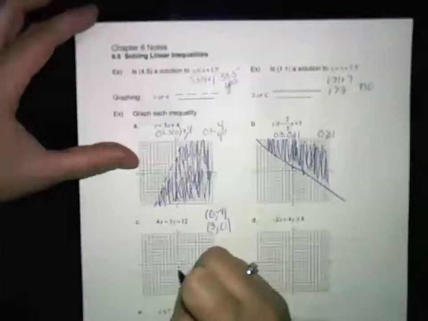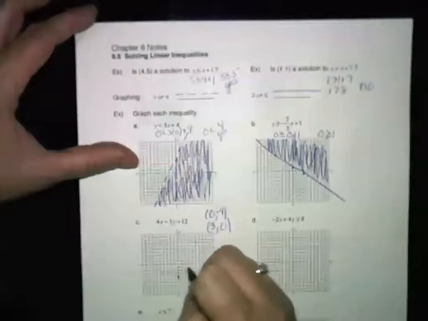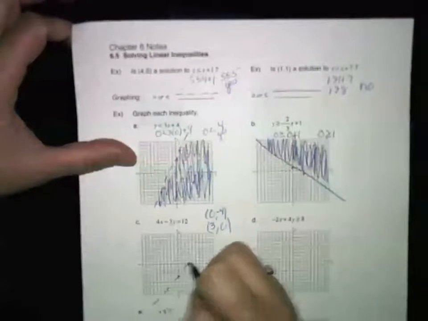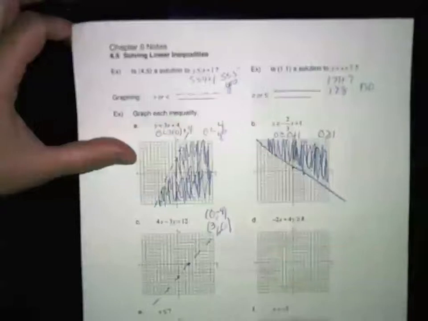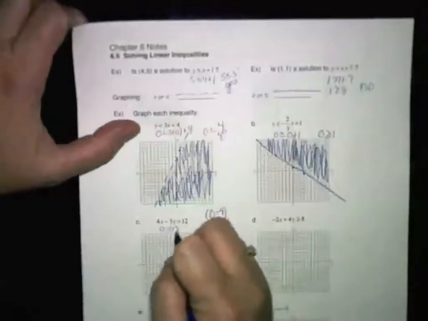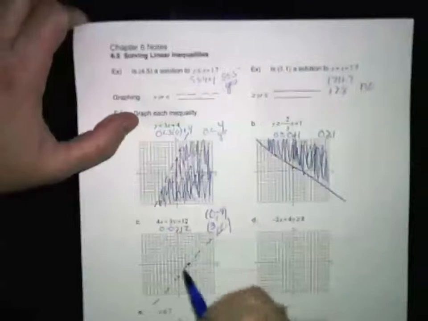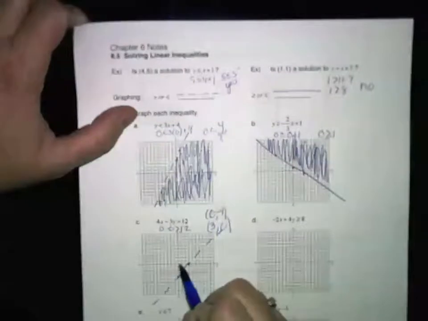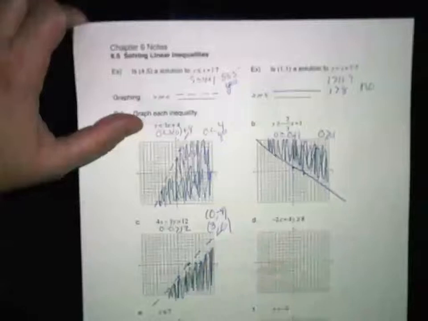So we have 0, negative 4, and 3, 0. We are going to have a dashed line, and then put 0, 0 in here. Is 0 bigger than 12? It is not, so we don't want this side colored in. We want everything down here colored in.